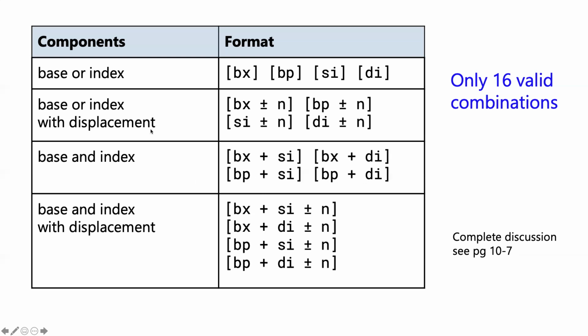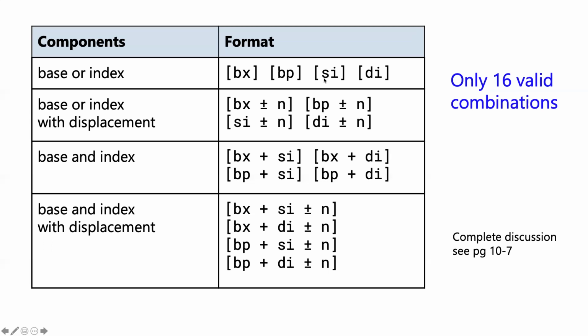Base with displacement is just the BX or the BP part with a constant offset, or the index register with a constant offset. So that's why it's called base or index. If you only need one of the registers, you can use either the BX or BP or the index registers. And if you don't even need the displacement, you can also use any of the 4 registers.